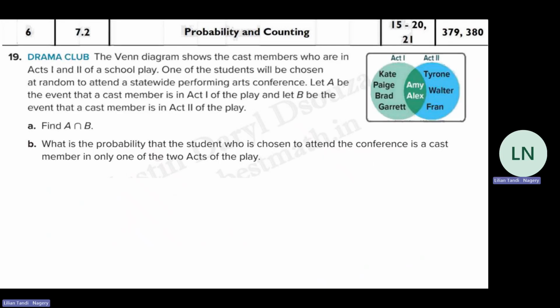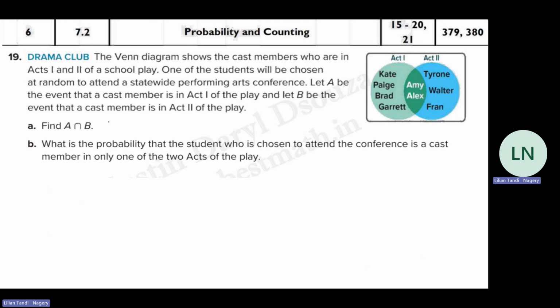Drama club. The Venn diagram shows the cast members who are in Acts 1 and 2 of a school play. One of the students will be chosen at random to attend a statewide performing arts conference. Let A be the event that a cast member is in Act 1 of the play, and let B be the event that a cast member is in Act 2 of the play.